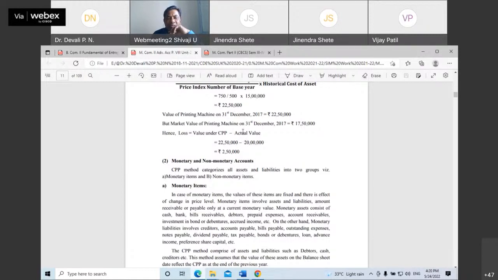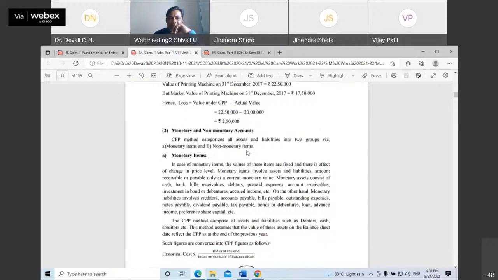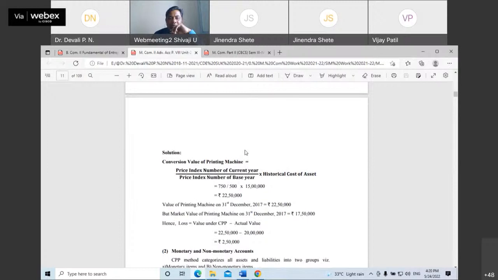There is a higher price under the CPP method, and that's why you are suffering a loss under the CPP method of 2,50,000. So this is nothing but the problem we are facing due to the price level index.